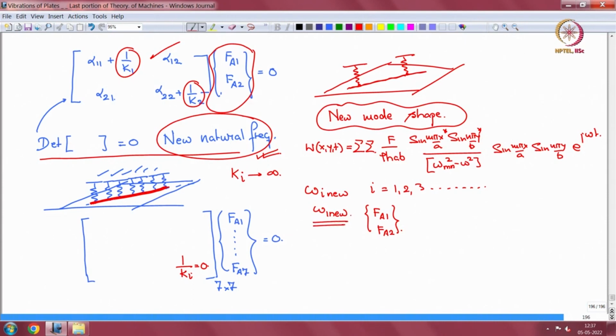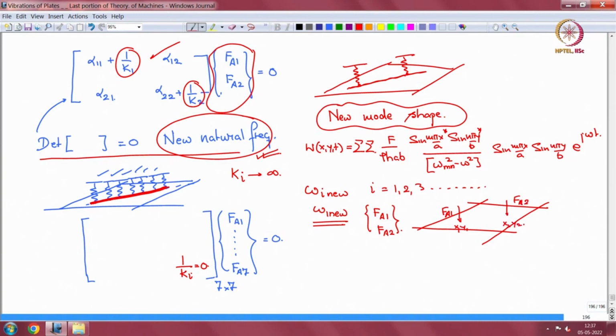So that means I have a force Fa1 at one location, and I have a force Fa2 at two location.